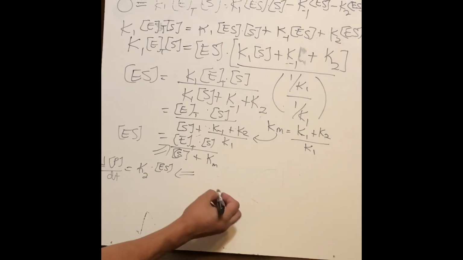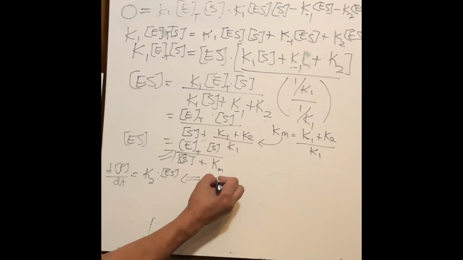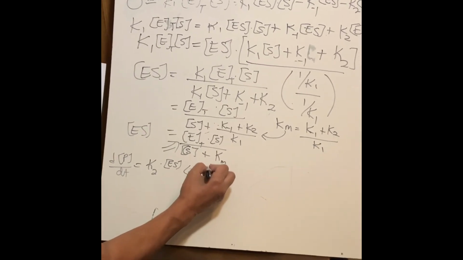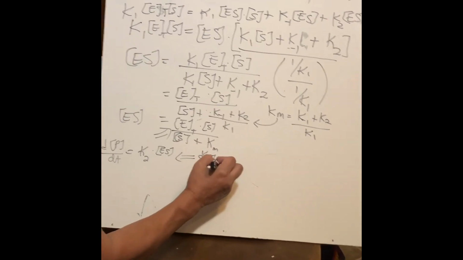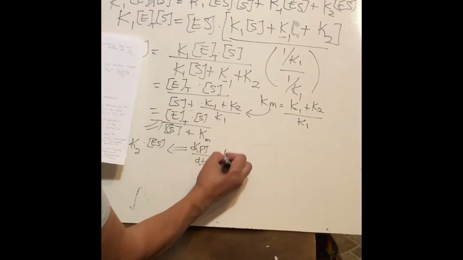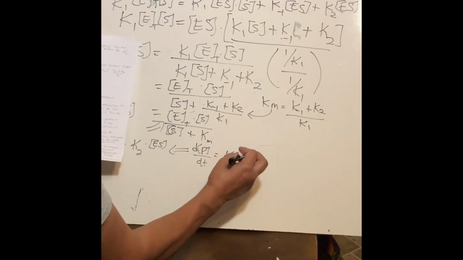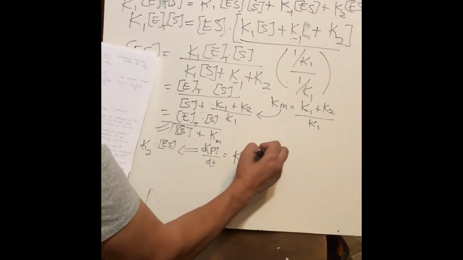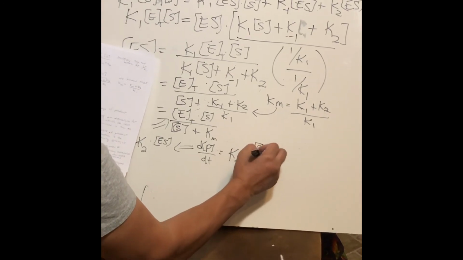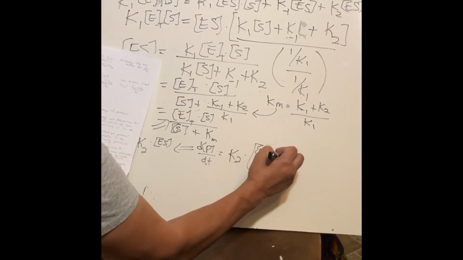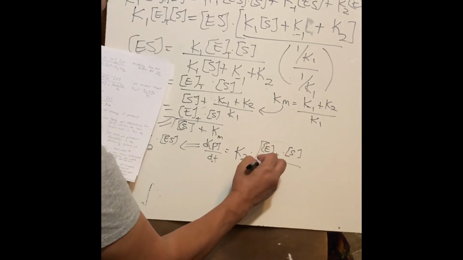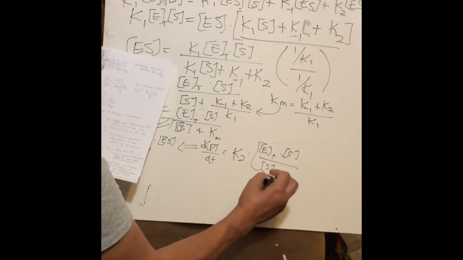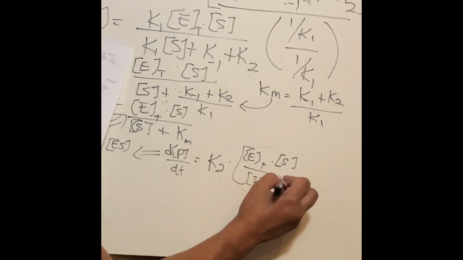and we get that dP over dt equals K2 times the total concentration of the enzyme times the substrate over the substrate concentration plus Km.